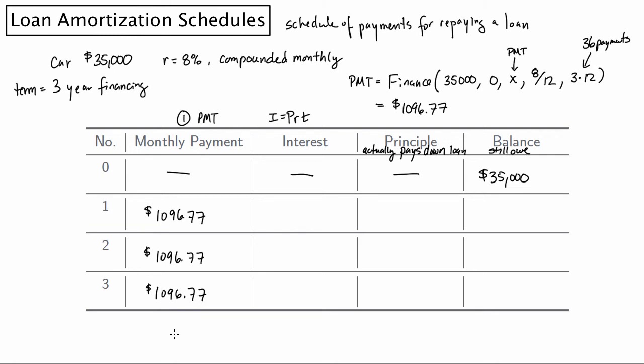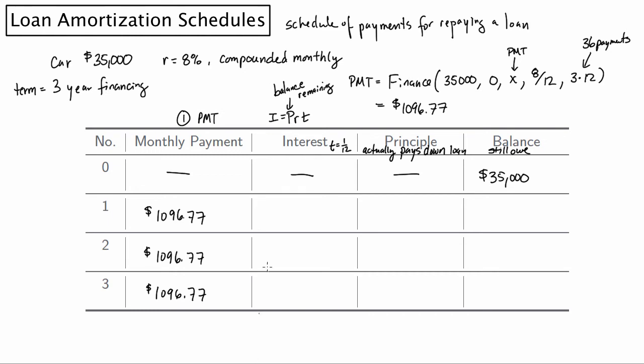So the interest is calculated, like I said, using I equals PRT, and here P is the remaining balance. So this is the balance remaining. R is the rate, T is the time. The time here, because this is over the course of 1 month, the time is always going to be 1/12 if it's monthly payments.